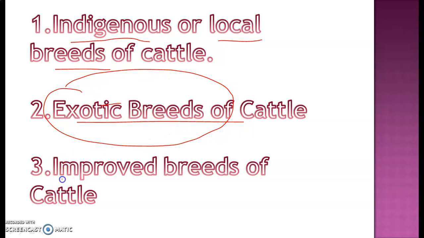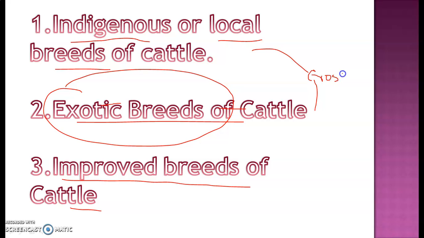Next we have improved breeds of cattle. In India, certain improved breeds of Indian cattle have been developed. How are they developed? We make a cross between indigenous breeds and high-yielding exotic breeds.